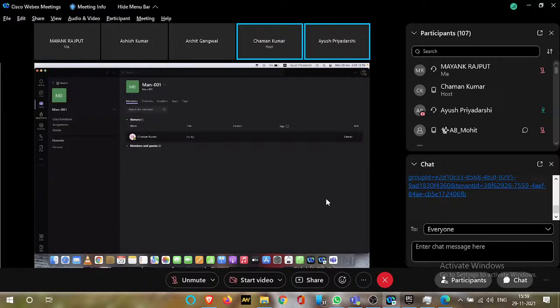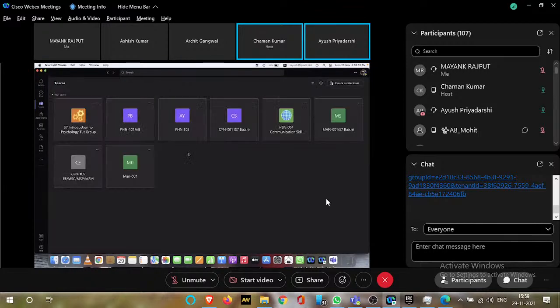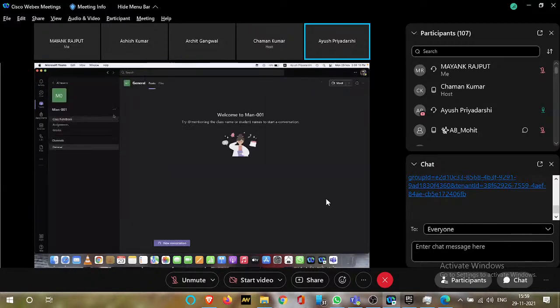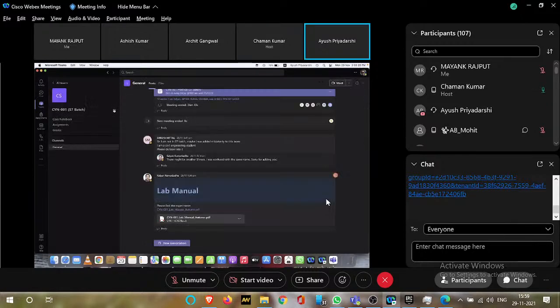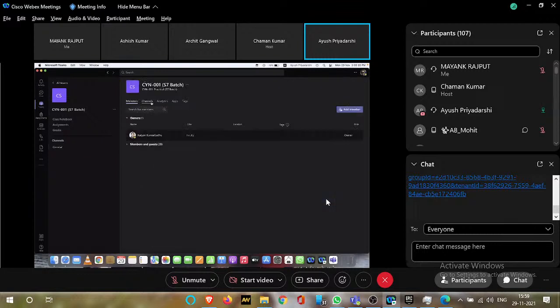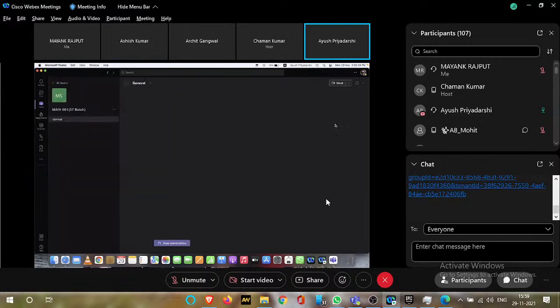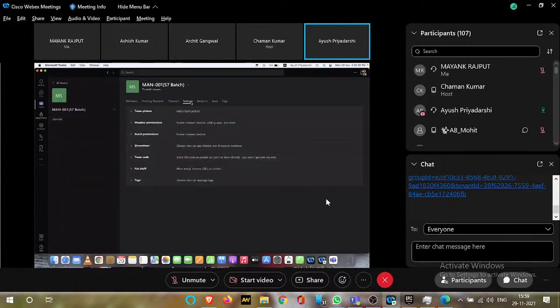So in Teams on the laptop, you go to the team, and then here menu and manage team. For example, I made this team, and then manage team. No, sorry, not this one. This one. So manage team, and then here settings.